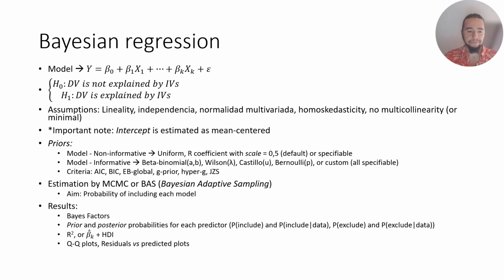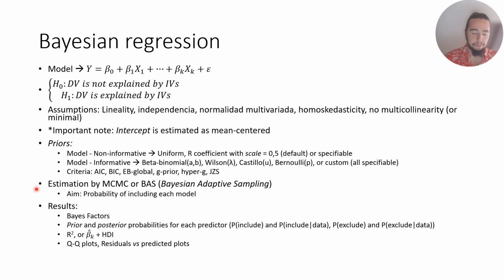So, we will need basically the same set of priors as non-informative or informative, but now we need to create a criteria, and we need to specify which criteria we will need to use. For example, the Akaike information criteria, the Bayesian information criteria, or some alternatives like EB global, G prior, hyper-G, or JZS. It will create a MCMC estimation, but you can include Bayesian adaptive sampling as an alternative to MCMC if you want it, okay?